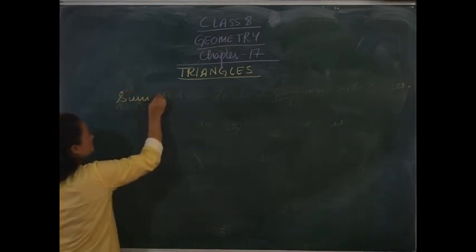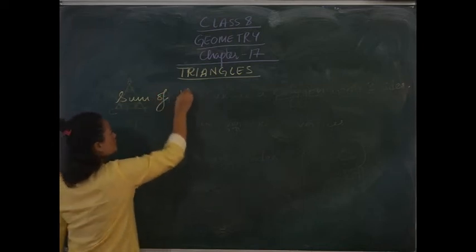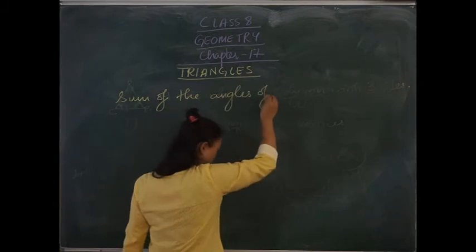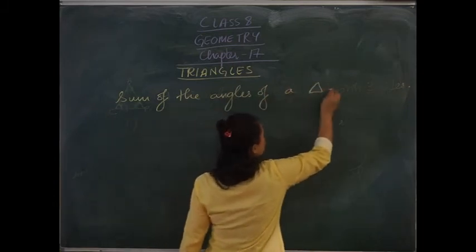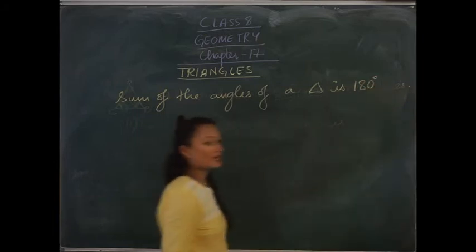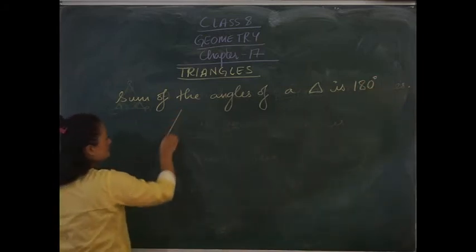Now another fact that you need to remember is that the sum of the angles of a triangle is 180 degrees.